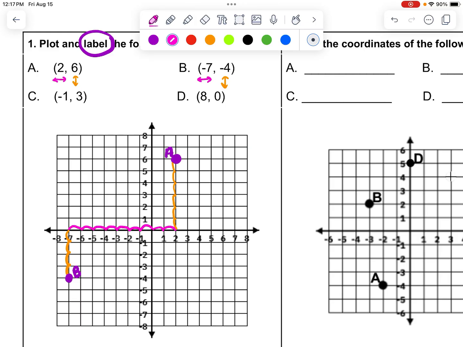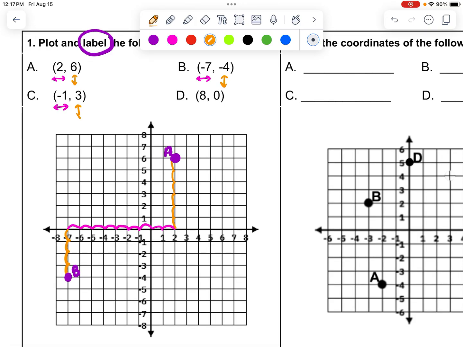Next, the first number tells me to go right or left. The second number tells me to go up or down. So I'm going to go left 1 space, and then I'm going to go up 3 spaces. 1, 2, 3.